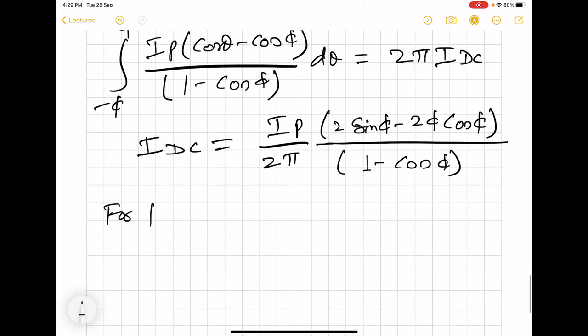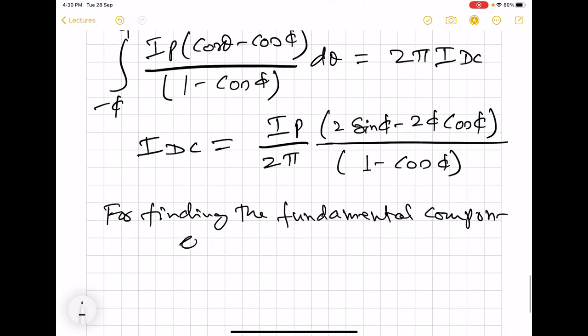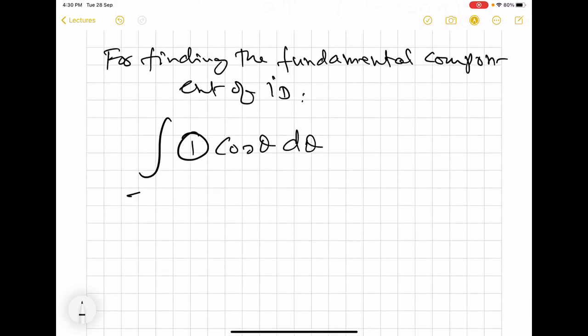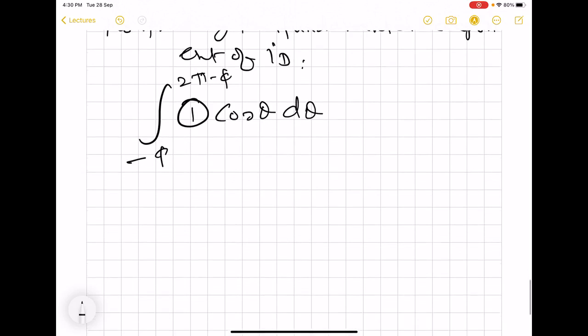Now for finding the fundamental, what we do is take equation 1, multiply it by cos theta and integrate over one cycle, which is from minus phi to 2 pi minus phi.